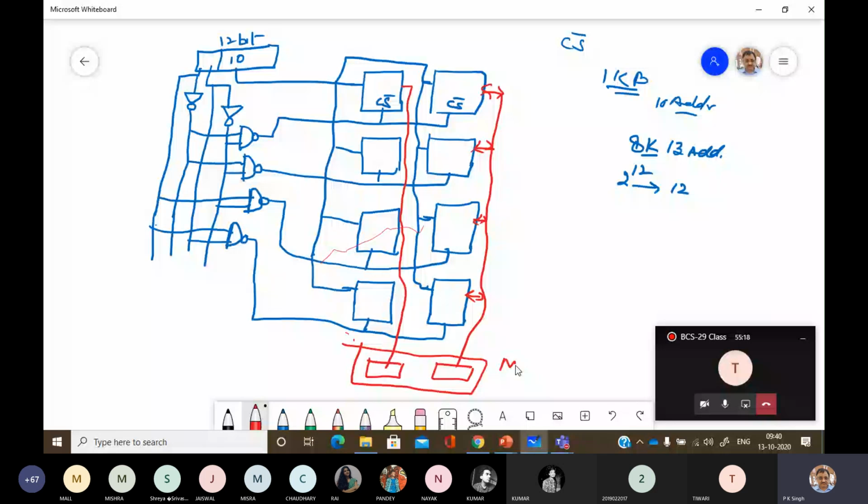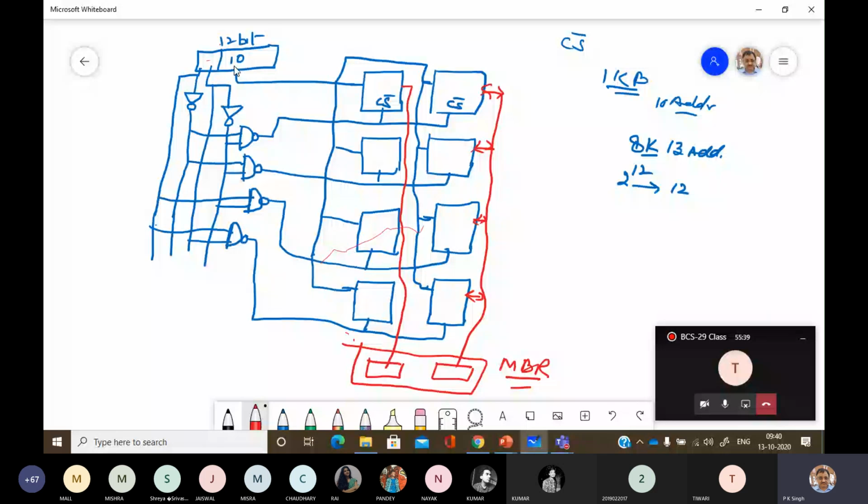Now suppose you want to read any address, here you have to write the address.